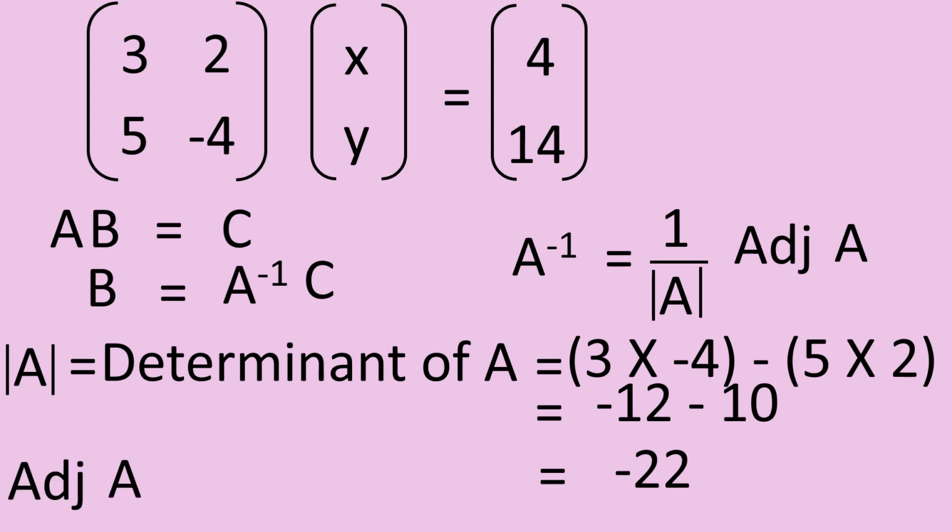So let's solve for the adjunct of A. So A is the matrix that has 3, 2, 5, and minus 4, 2 rows and 2 columns. All we simply do, let's look at it above, is to exchange where minus 4 is and 3 in the matrix above.